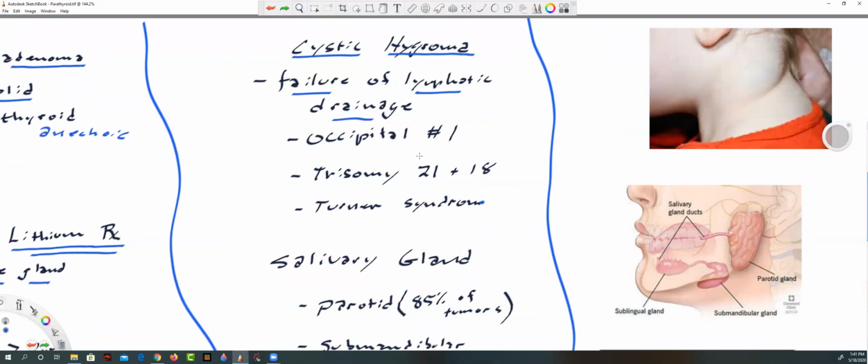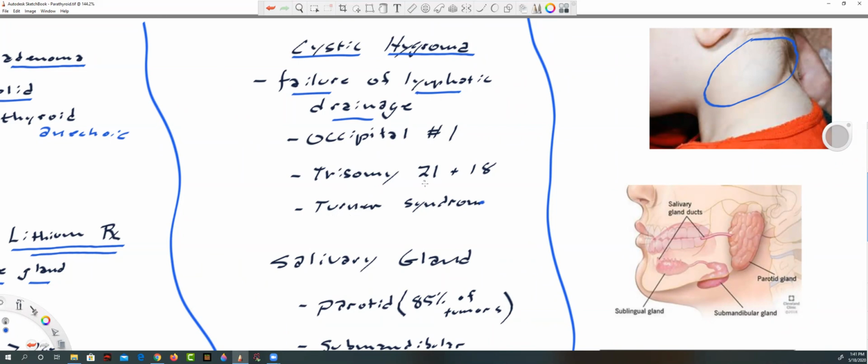Now, if someone has an occipital hygroma and you're doing a thyroid ultrasound, you're not going to see it because the occipital is the back of the head. All the way down to the base of the head is your occipital bone. But as you can see, like on this child here, she or he, I don't know, has a hygroma there.